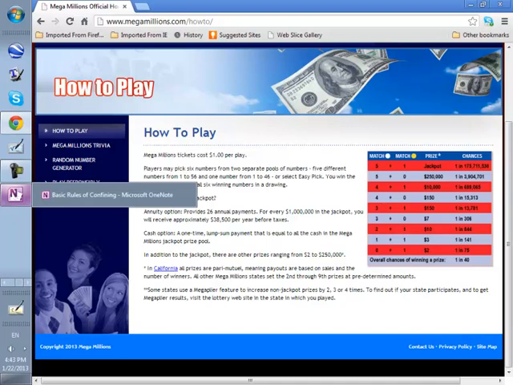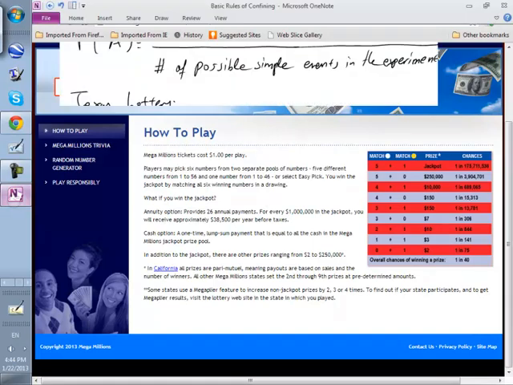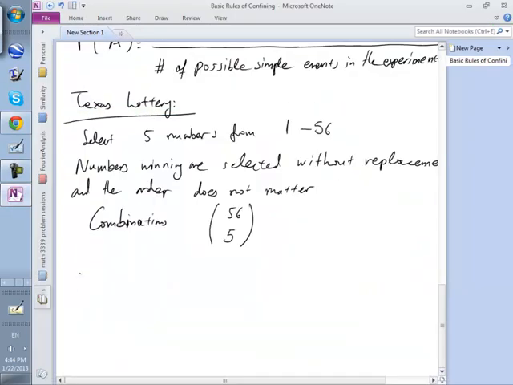So how many choices do you have for this number? 46, correct? So to win the jackpot, the first prize, you have to select all those 6 numbers correctly: the 5 from 1 through 56 and the 1 from 1 to 46. So, 46 choices for the Powerball.